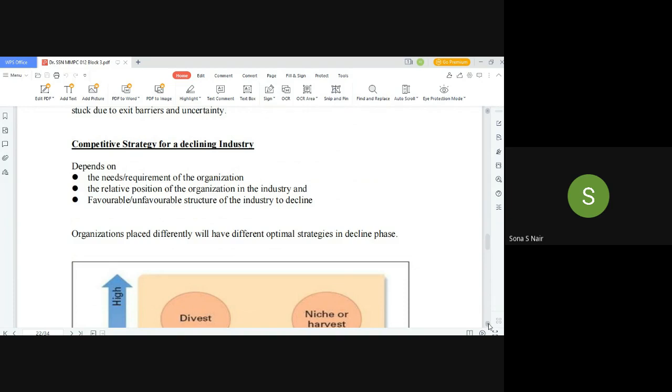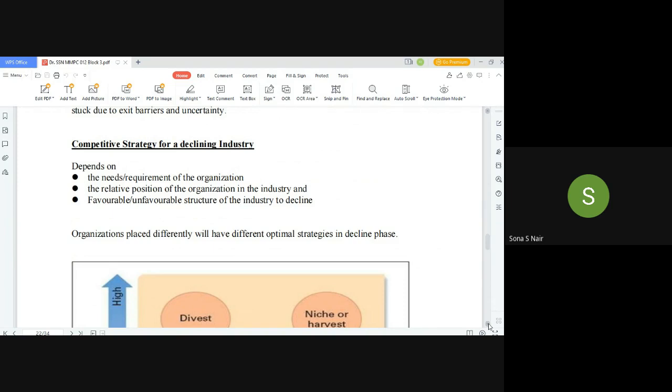Its own needs means whether they have the capacity to go to a different industry, whether they have the need to earn profit out of this industry, whether the organization can sustain itself otherwise, all these things. Second, the relative position of the organization in the industry. So if the organization is in a profitable, comfortable place in the declining industry, that also is a factor which will decide what strategy they are going to adopt.